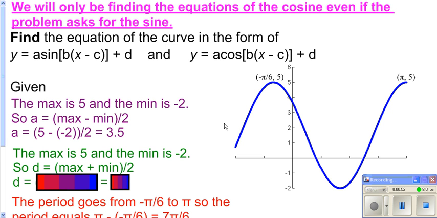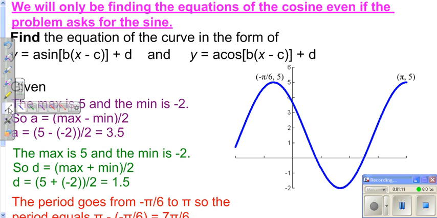To find that horizontal line that cuts your graph in half, once again, you want to use your max and your min, but now you're going to add them together. So you take your 5 plus your -2 divided by 2, and then that gives you 1.5.